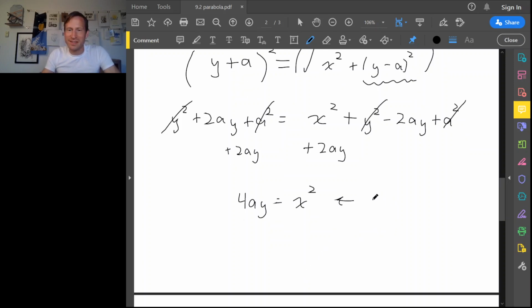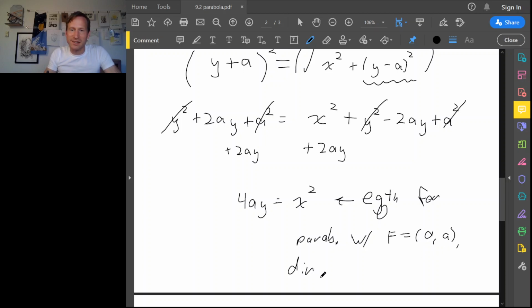So this is the equation for a parabola with focus at (0, a) and directrix parallel to the x-axis.